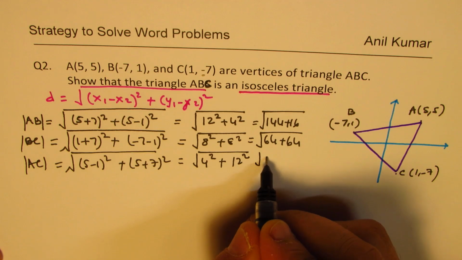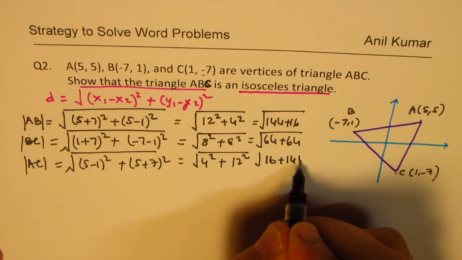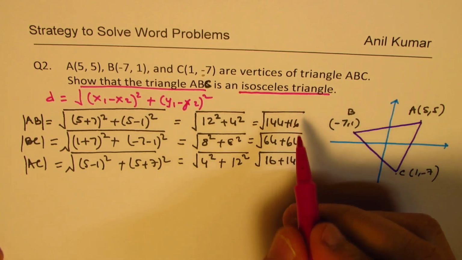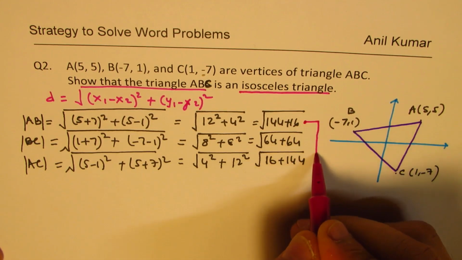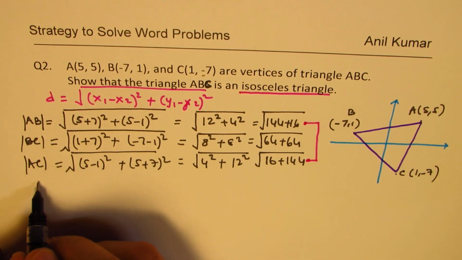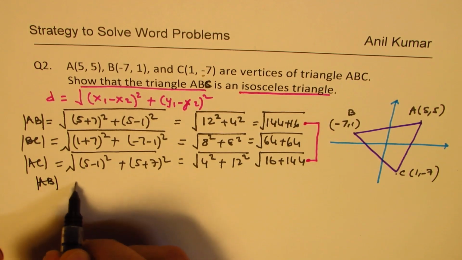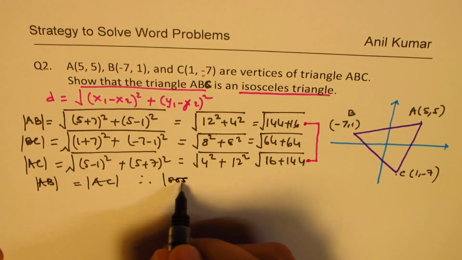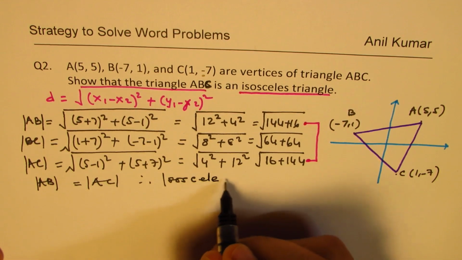Which is 16 plus 144. So clearly we are looking for isosceles triangles. We find these two matching values. So we can write that AB is equal to AC, therefore isosceles triangle.